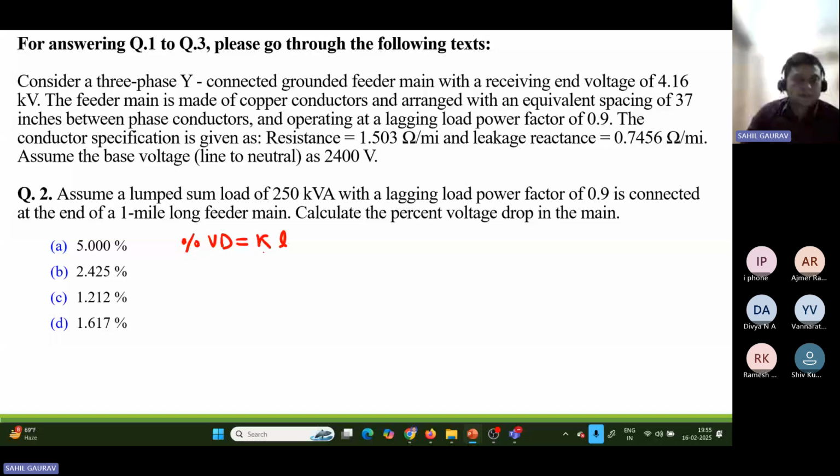So K into L into S three phase. This is the expression for percentage voltage drop.